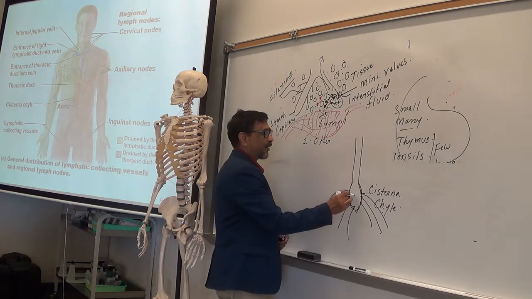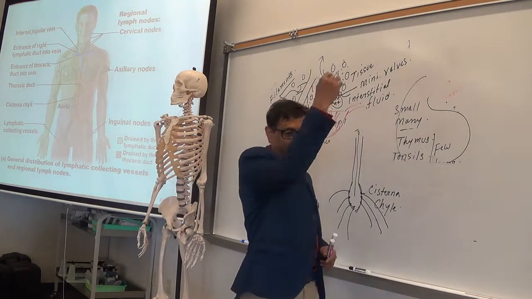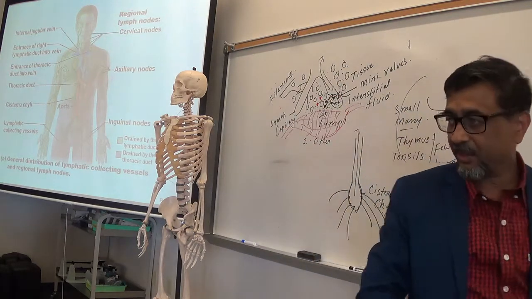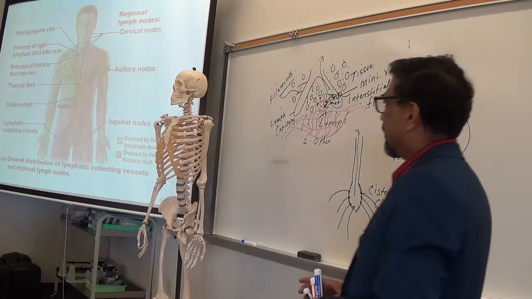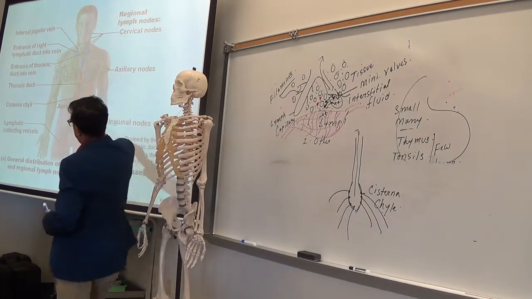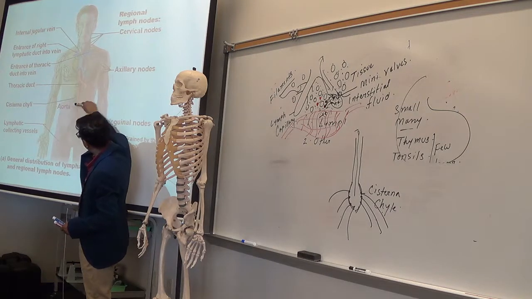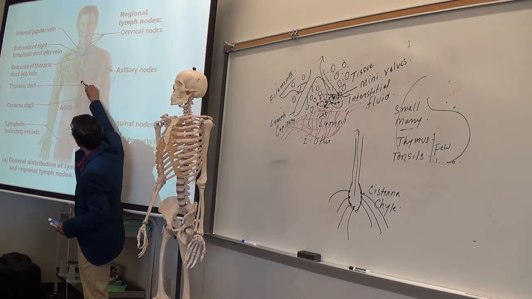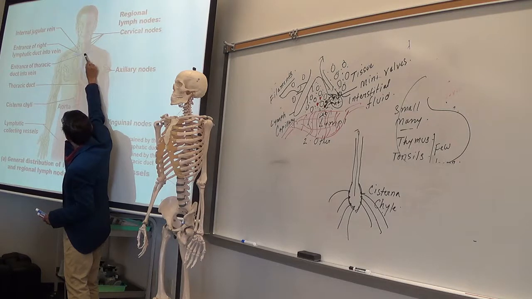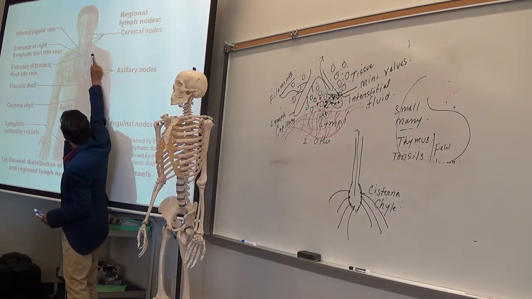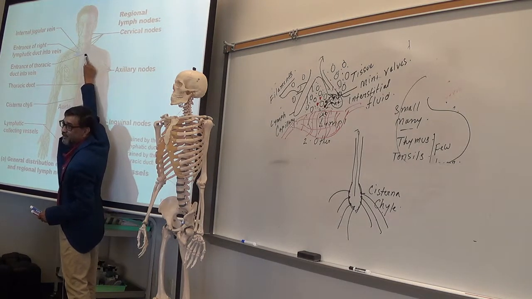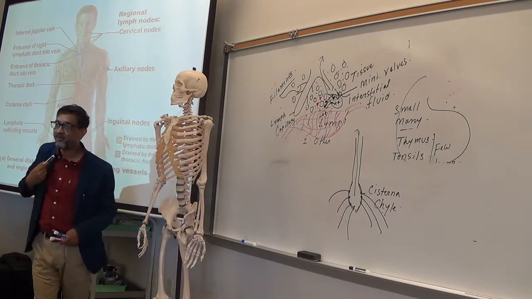Okay? And then it goes towards the subclavian vein. So now look at this. This is the cisterna chyli collecting lymph from a number of vessels from the lower part of the body, and then going to give the lymph to the left subclavian vein. Remember the subclavian vein under the clavicle?